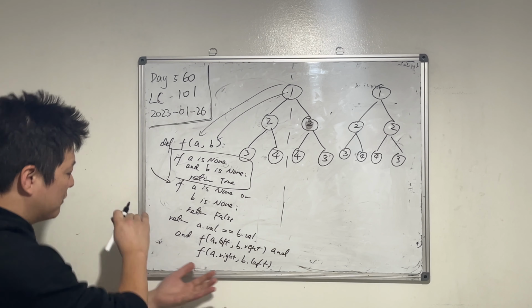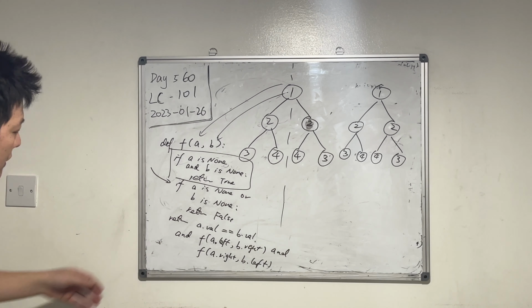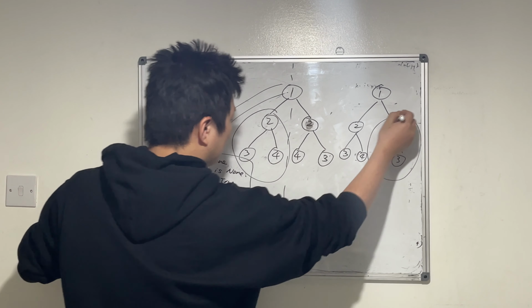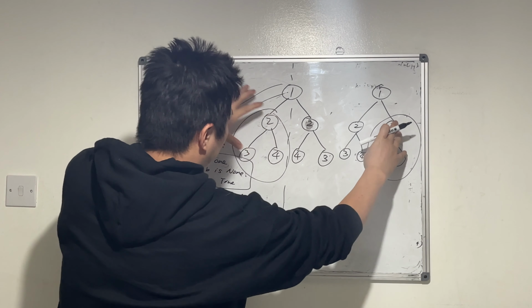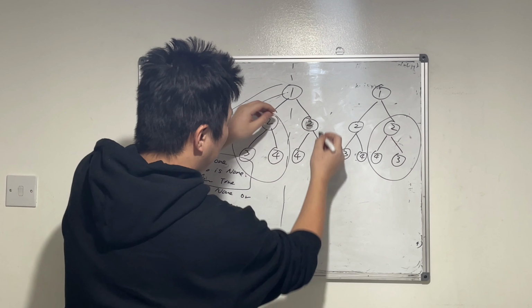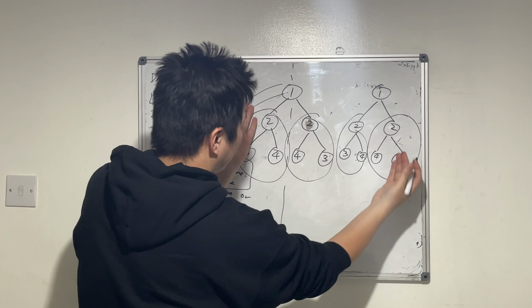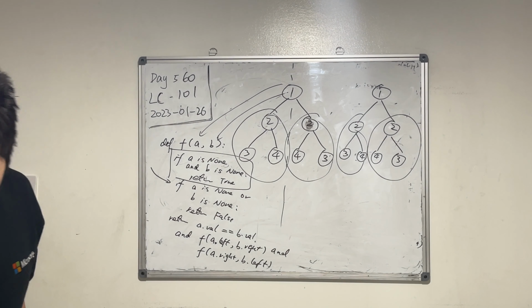So we swap. How do we interpret this? If A dot left is this bit and B dot right is this bit, then this bit and this bit need to be symmetrical, and this bit and this bit need to be symmetrical. Does it make sense?